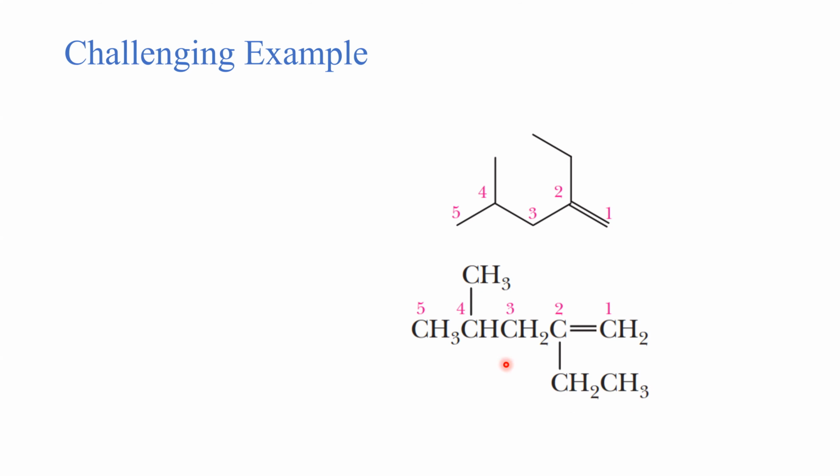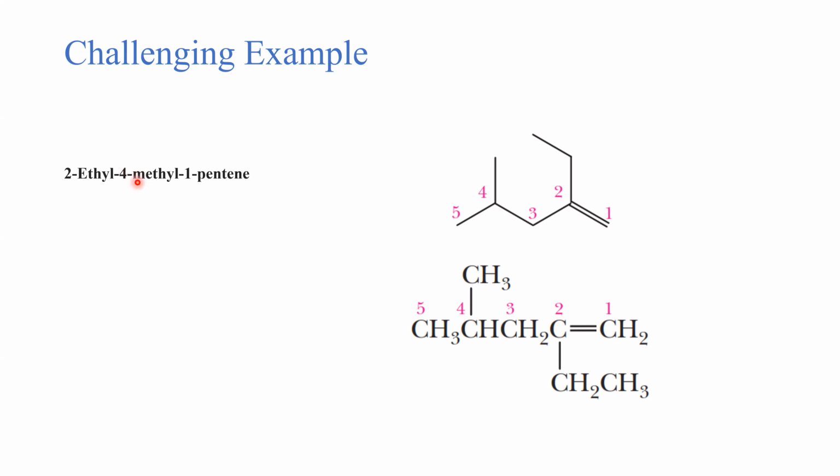So E and M. We will write first the ethyl, and then the methyl, right? So this will be 2-ethyl-4-methyl-1-pentene. So now we can check that one.